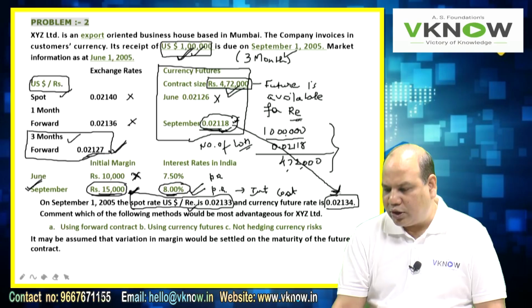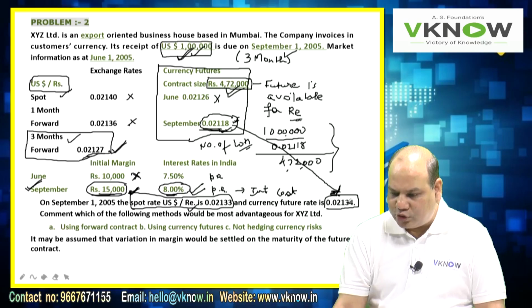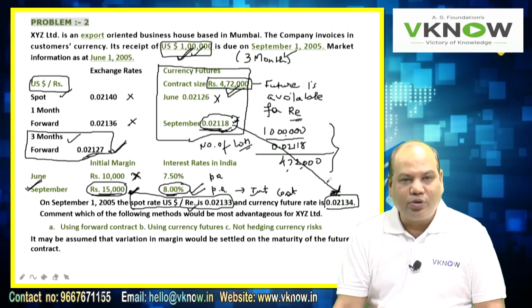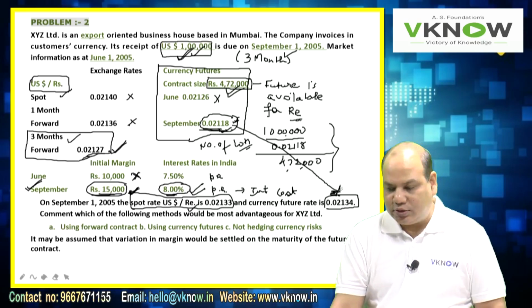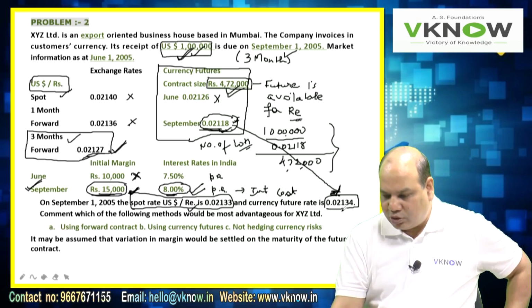Your future contract will be squared off, and the difference between these two will be your gain or loss. Difference between these two rates will be your gain or loss multiplied by number of future contracts and multiplied by lot size. So that will give you gain or loss.